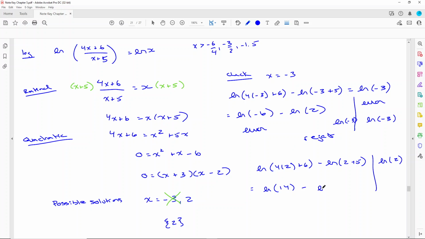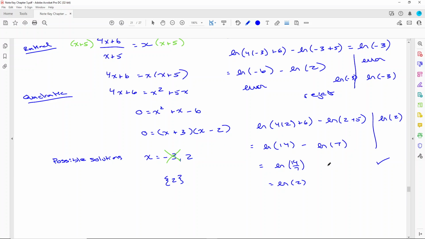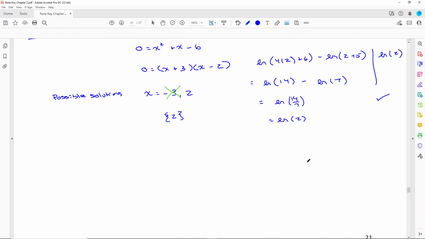If I keep simplifying, I would have the ln of 14 over 7, which is the ln of 2. So this one's correct, right? But I could also just plug it into the calculator right up here. And so that doubly shows me that 2 is a solution, and that the negative 3 is a possible solution, but it gets rejected.